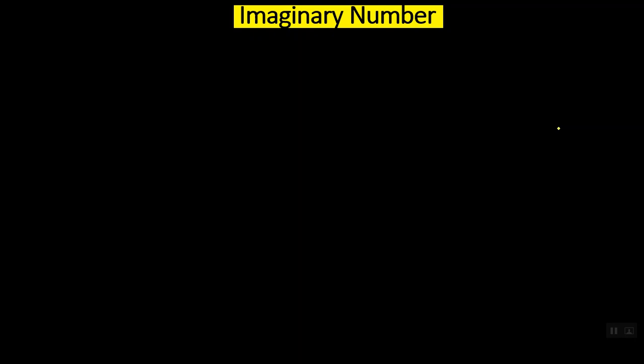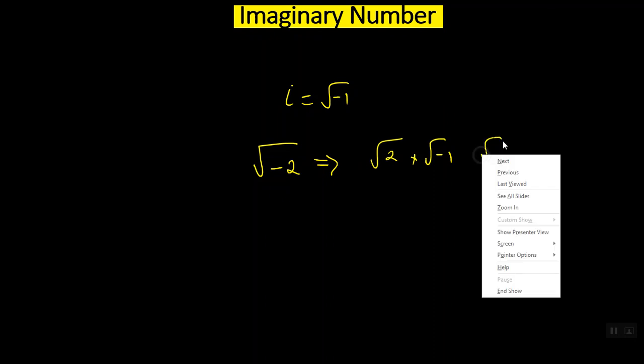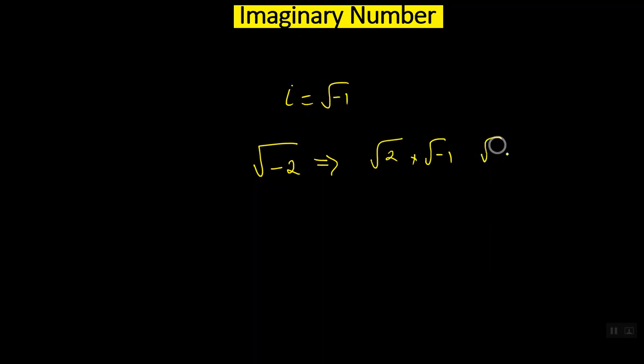Any number multiplied by i, the imaginary unit, is said to be an imaginary number. These numbers are not a part of our everyday life. In general, the square root of any negative number is said to be an imaginary number. I can write the square root of negative 2 as the square root of 2 times the square root of negative 1, so that's the square root of 2 times i.